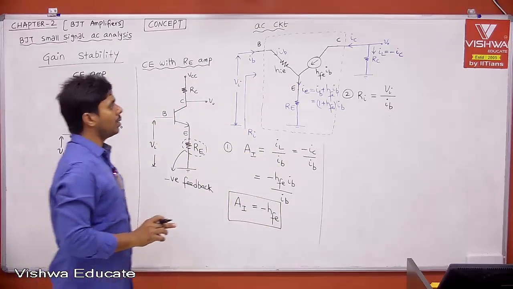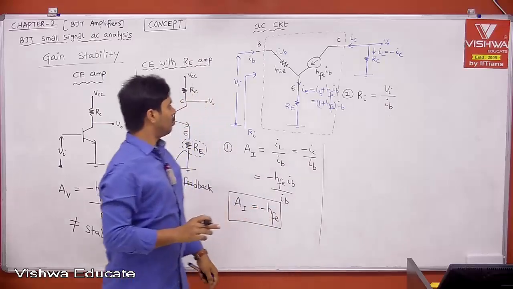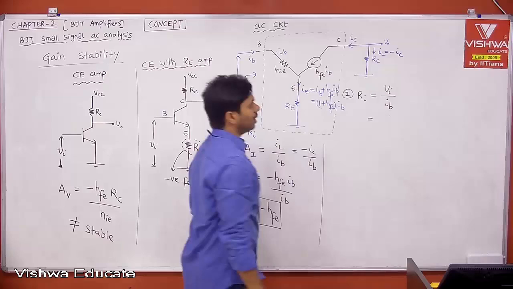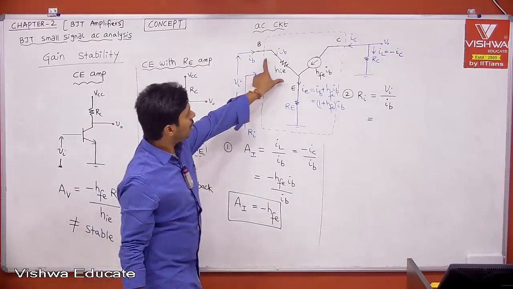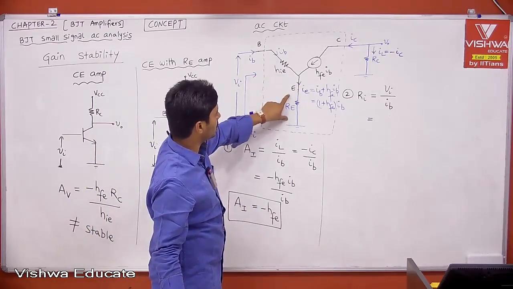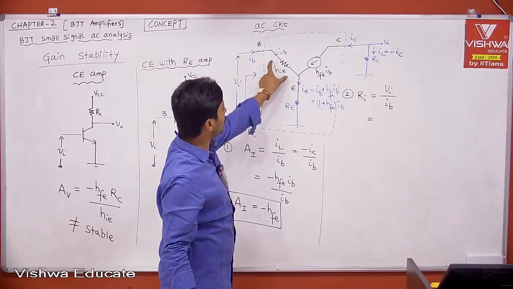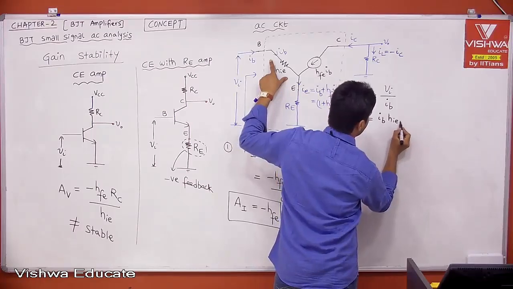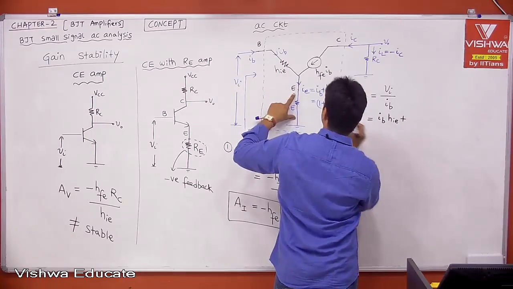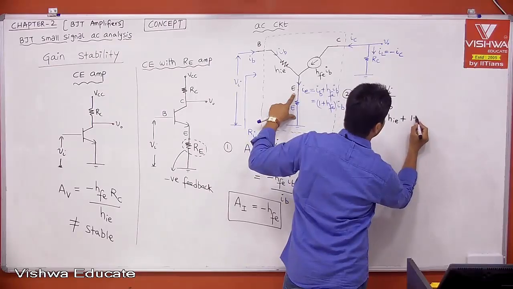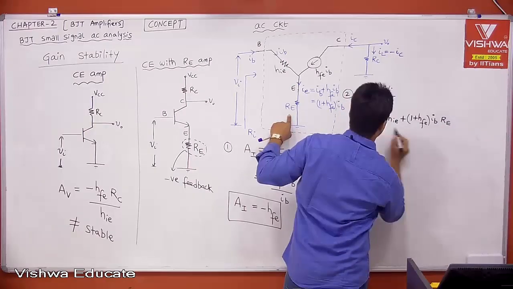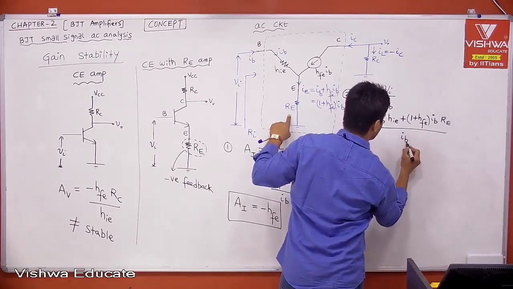Now we can apply KVL. What is VI if you apply input KVL? VI is the drop across this resistor plus the drop across this resistor. Therefore VI is equal to the drop across hie, which is nothing but IB into hie, plus the drop across RE, which is 1 plus hFE into IB into RE, divided by IB, this is your current.